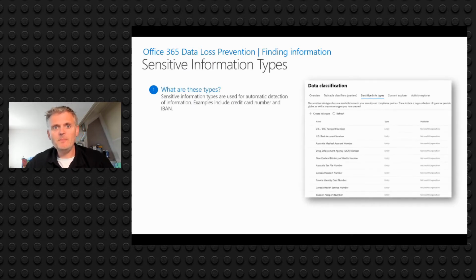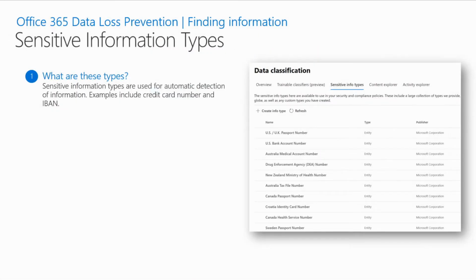Okay, sensitive information types. Let's take a look at those as well. These are built-in. And they mark specific types of information. You can have financial information, credit card numbers, IBAN. You can have health information, like for example a health service number, and you can have other sorts of privacy sensitive information in there.